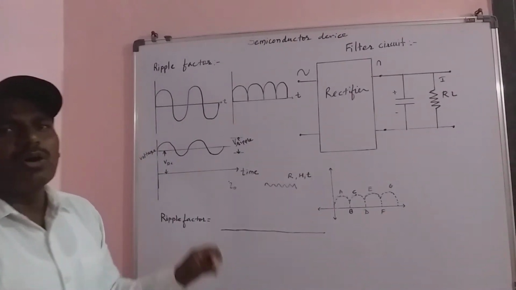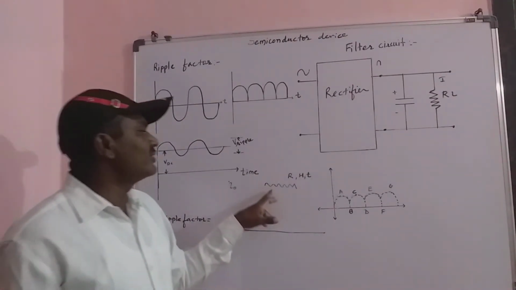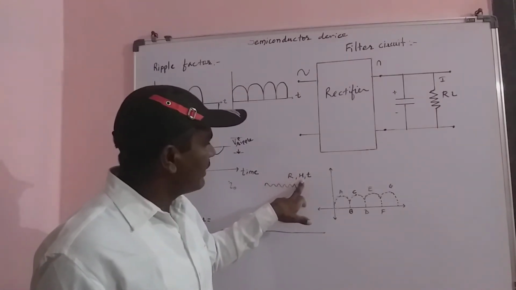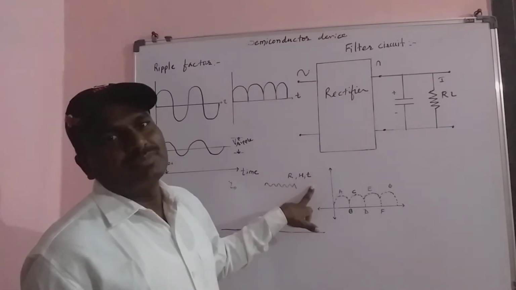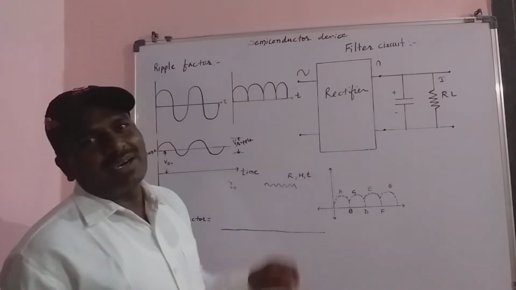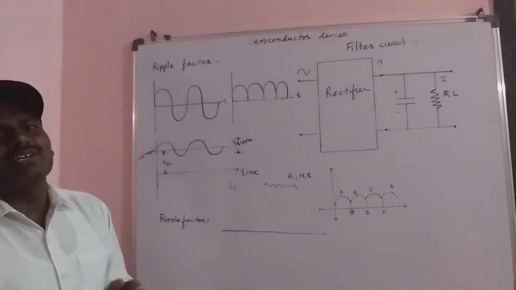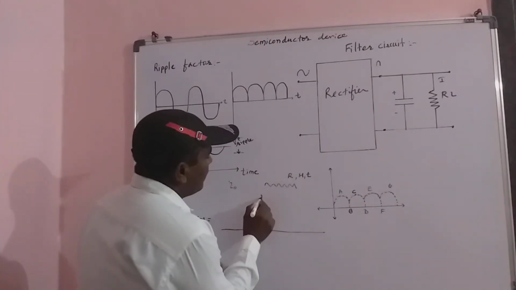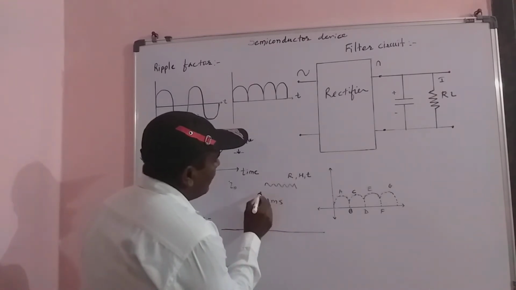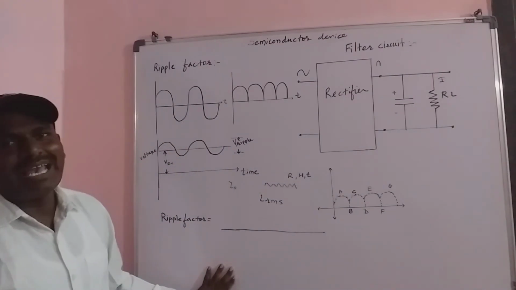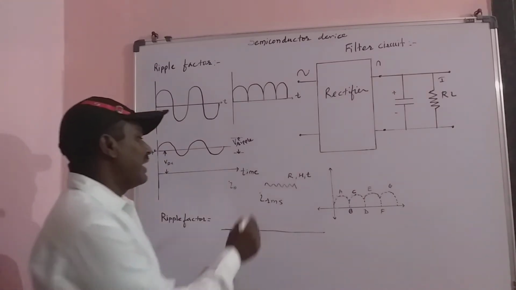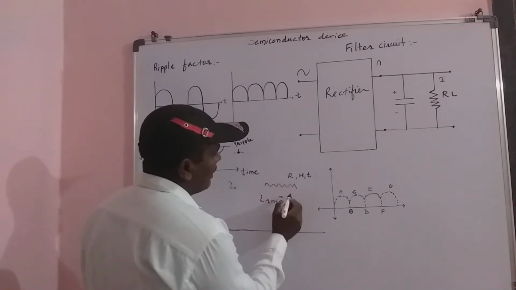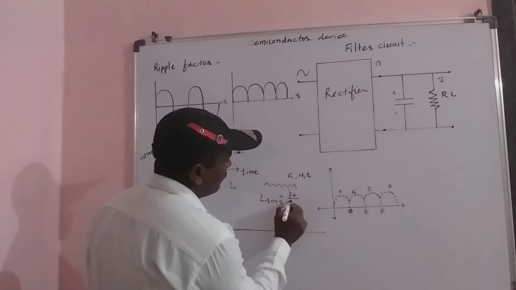The steady current which produces the same amount of heat in the same time through that resistance is called the root mean square value of alternating current, that is IRMS. This root mean square value is equal to I0 upon square root of 2.